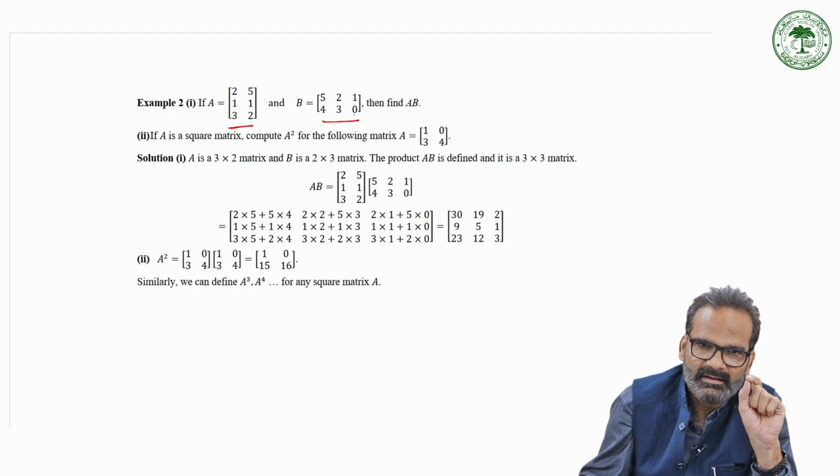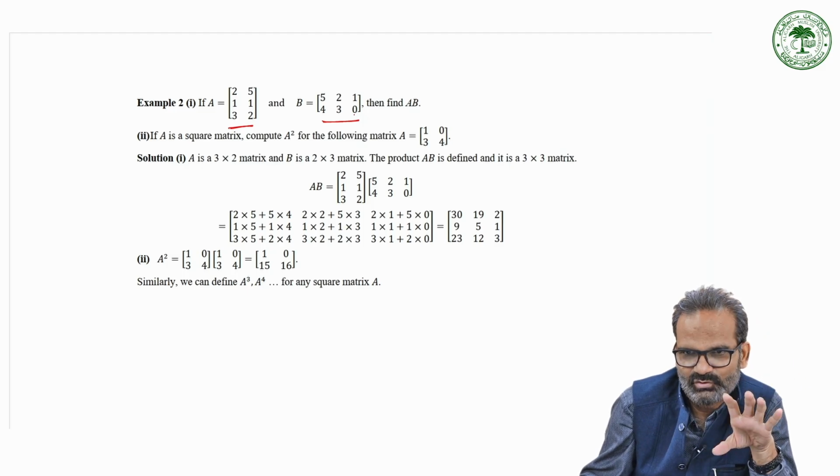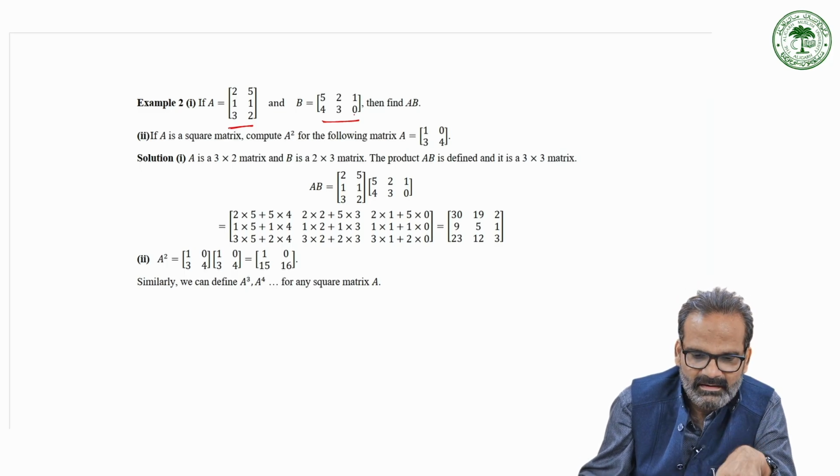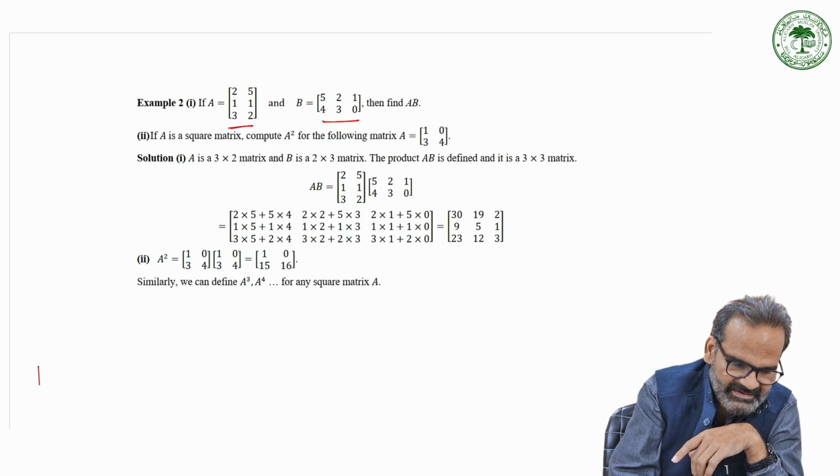However, if the two matrices are rectangular, then you must check whether the condition of the product is satisfied or not. Then you can proceed to proper multiplication. And the condition is what? A is this, B is this, then find AB.